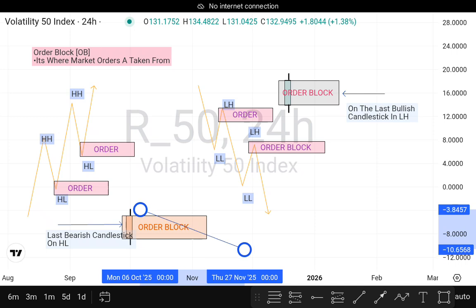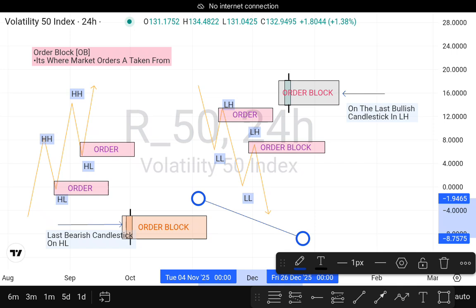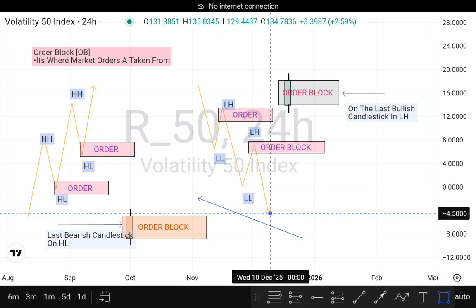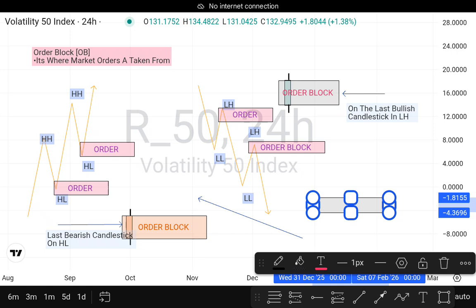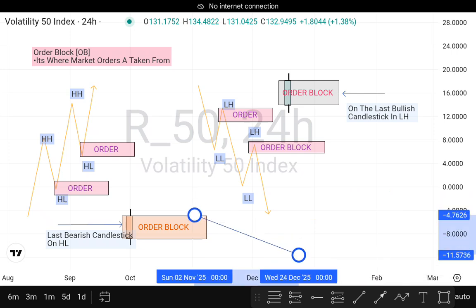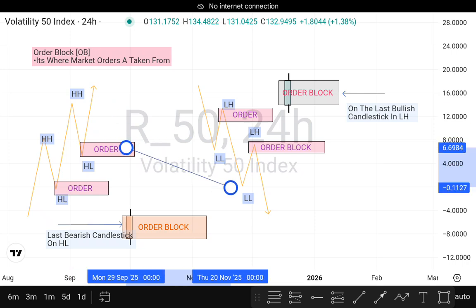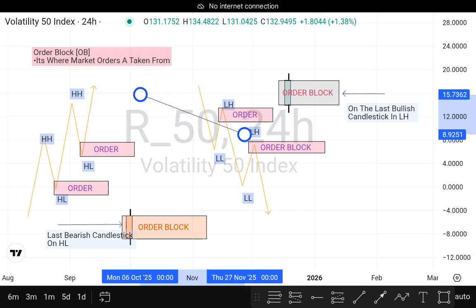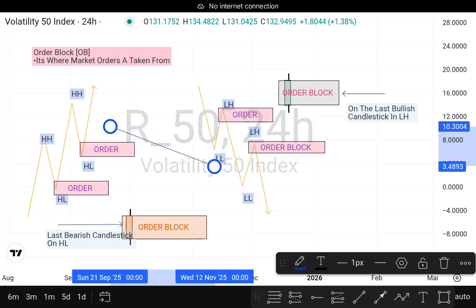This one, you're going to put the order block on. You take this rectangle tool and put it on your last bearish candlestick and mark it as an order block, because you want the market to come to this low so that you can place your buy and then it continues pushing up. That's why they say in an uptrend that you buy low, because you want the market to push high.